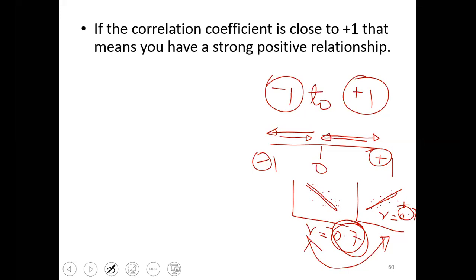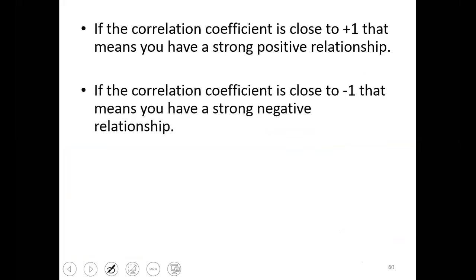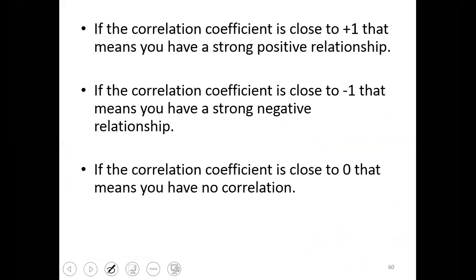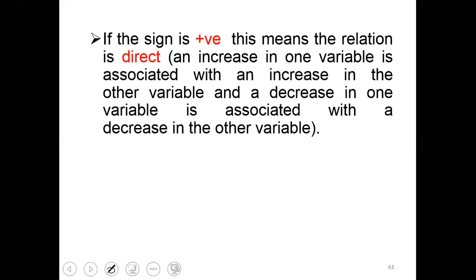The strength will decrease, right? So we will look at some of the examples. If the correlation coefficient is closer to -1, that means it is a strong negative relationship. Similarly, if it goes closer to 0, that means the strength is very low, so we can say no correlation.